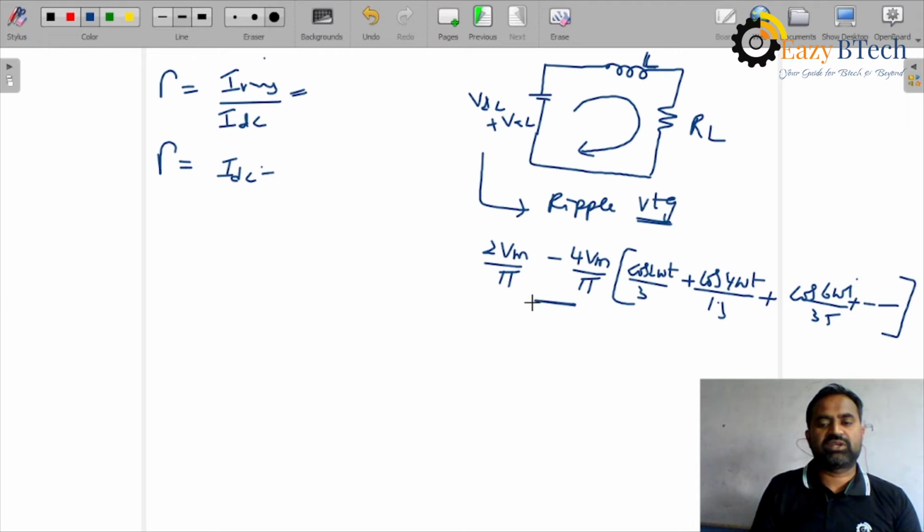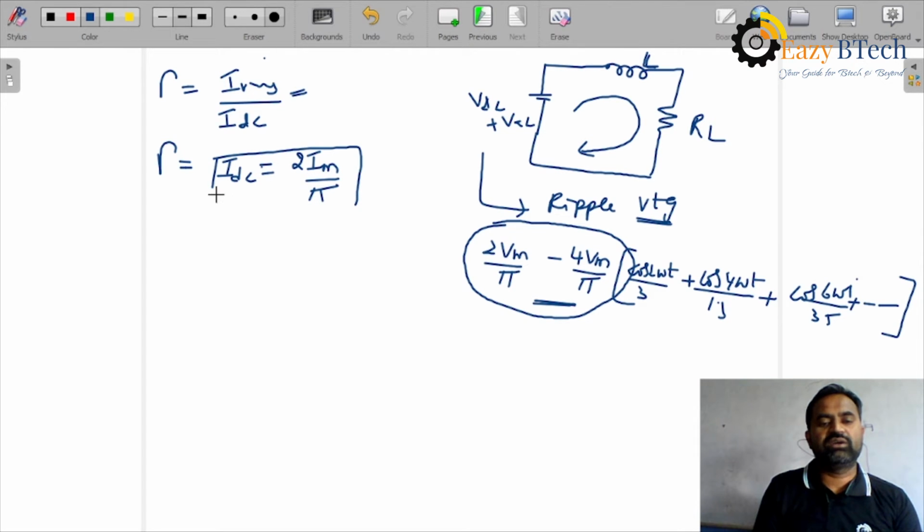Okay, these are the expressions. From this we will take the DC component. IDC is equal to 2 Im by pi for a full wave rectifier. What is the average value? IDC is equal to 2 Im by pi, which we have studied in the last class.